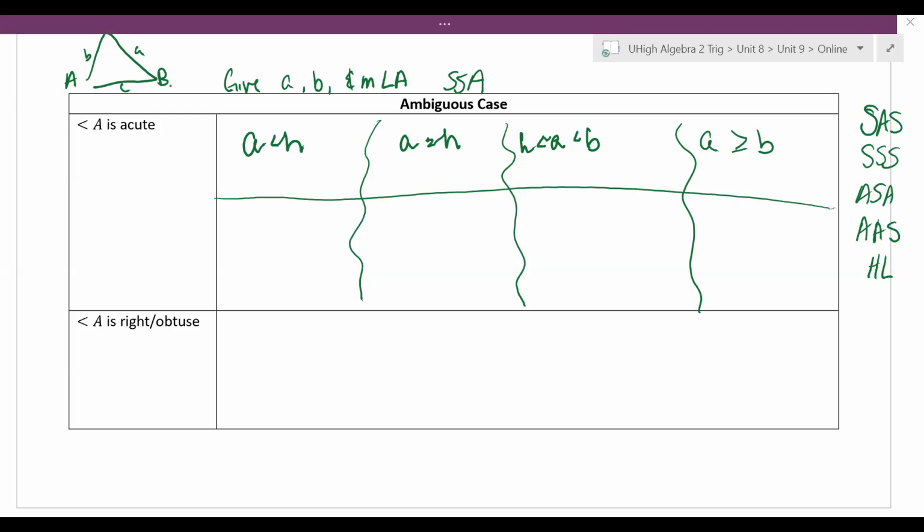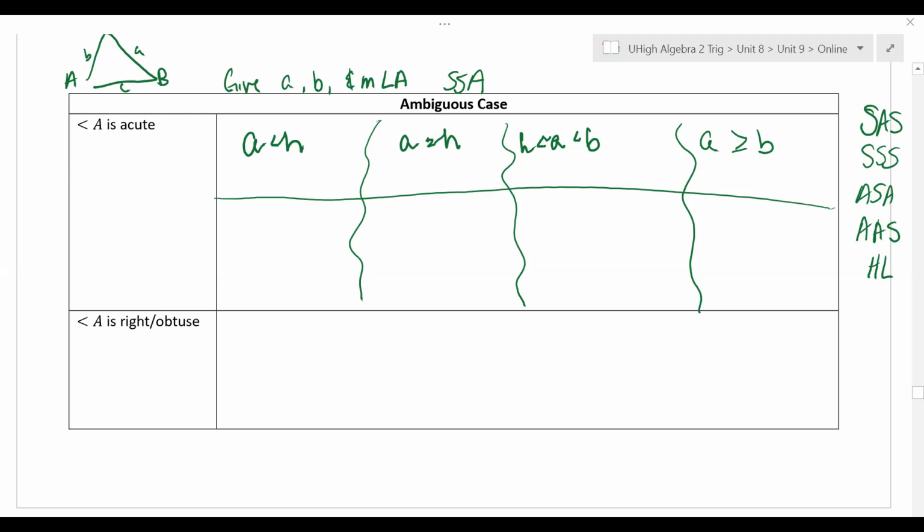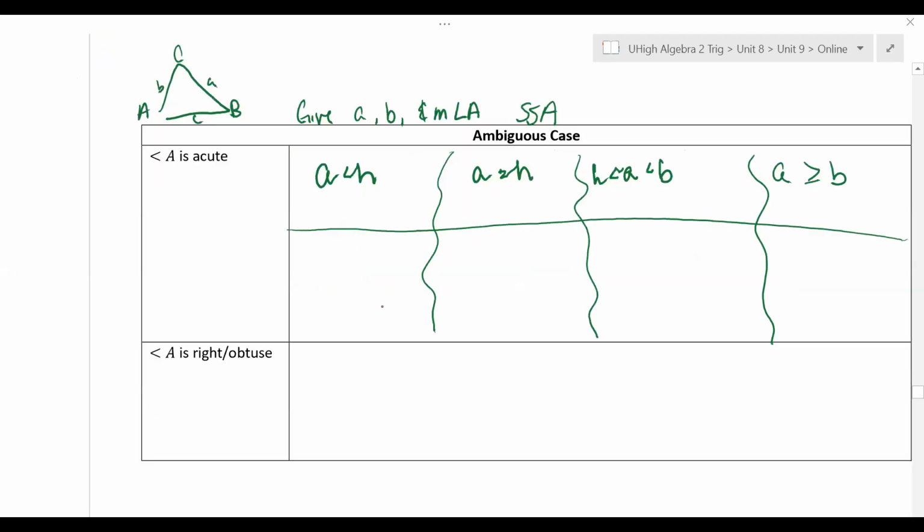I'm going to redraw what my triangle looks like in each one of these: angle A, side length b, and I'm going to look at the height in each one.